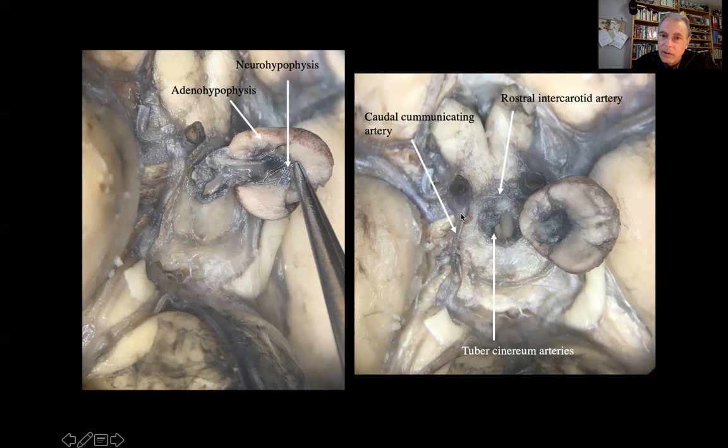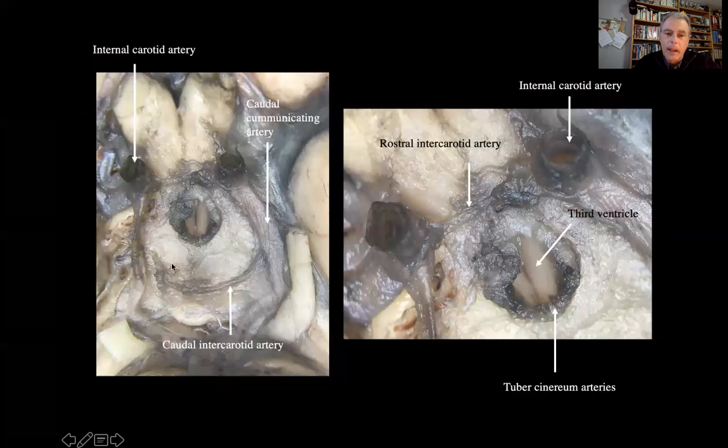So again, the caudal communicating artery, and then we add a rostral intercarotid artery. And then we start to see something. Look at this. The caudal intercarotid artery is a circle inside the Circulus Arteriosus cerebri. This is the Circulus Arteriosus cerebri, and inside we have a circle formed by the caudal intercarotid artery.